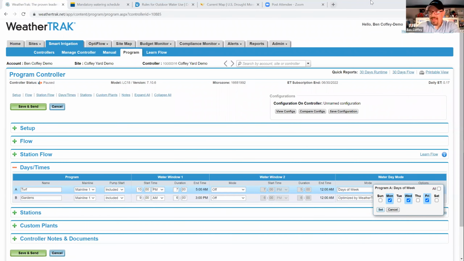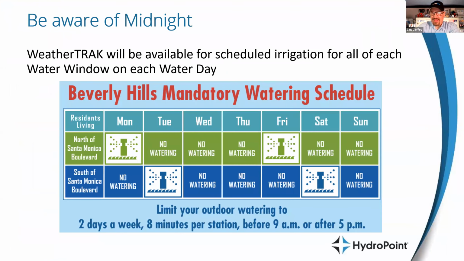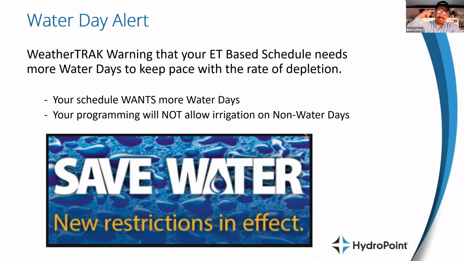Exactly right. All right. So one thing I did want to highlight is if we are managing those water days, WeatherTRAK has an alert that you might see. If I restrict the days that I'm allowed to irrigate, and your controller is running the automated by WeatherTRAK program or that ET-based schedule, then you might see what we call a water day alert.